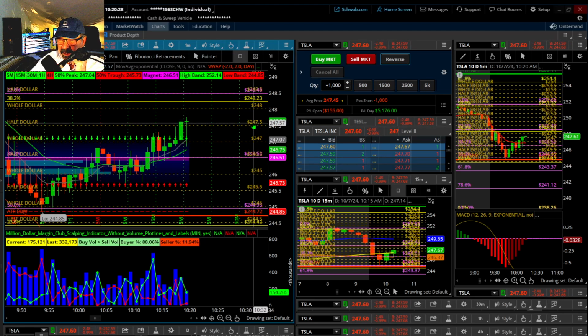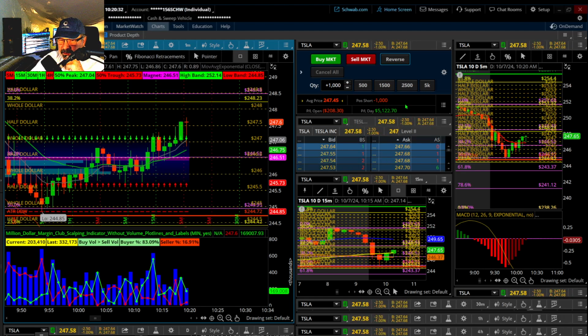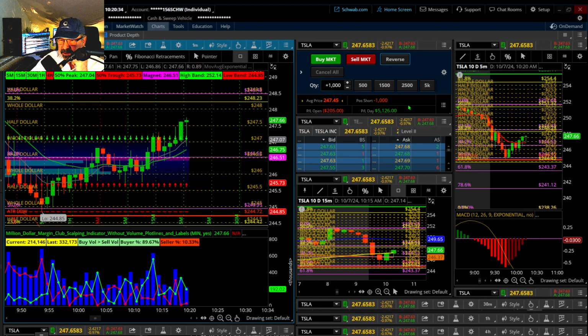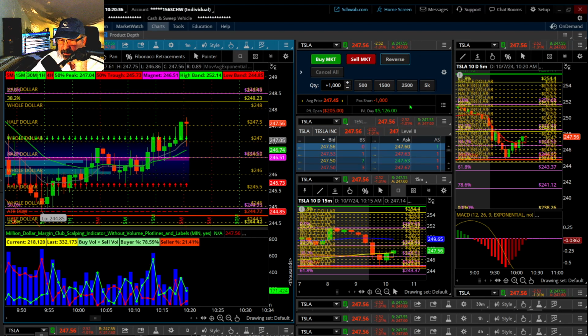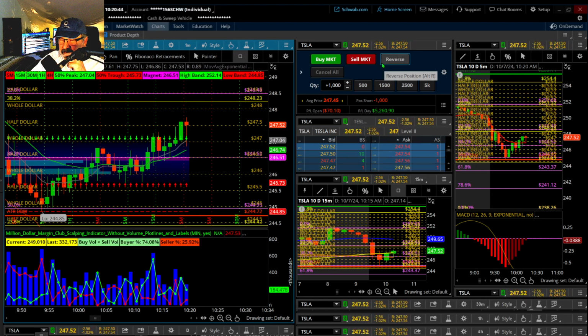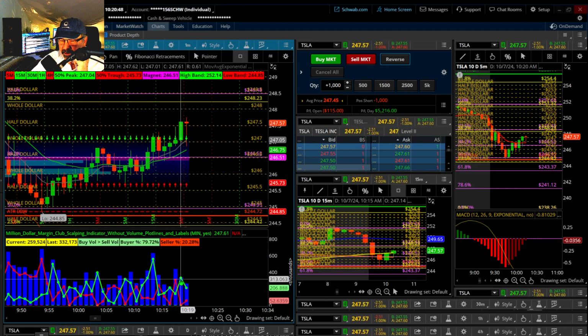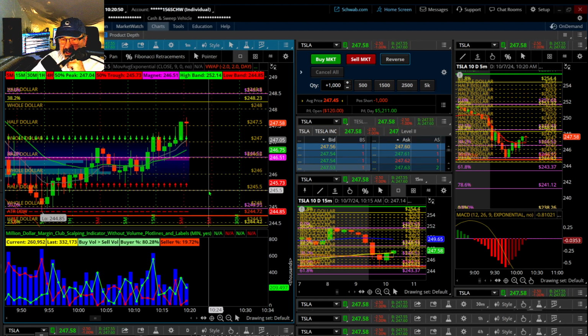And now it's making a nice big hangman there, which is a sign to turn around, or a rickshaw man, not a dragonfly on this one. Yeah, that's making a rickshaw man, which is a reversal sign, so that's good for me on a short. But this was pretty high here and right at the top too, so I don't like to see that.